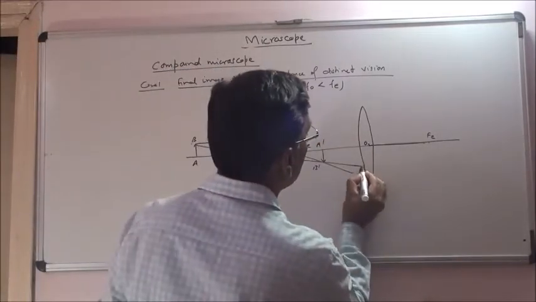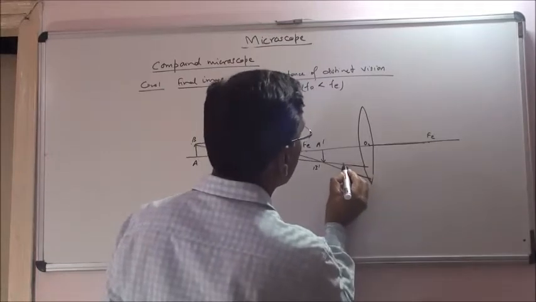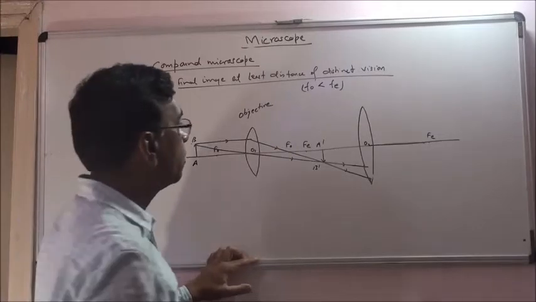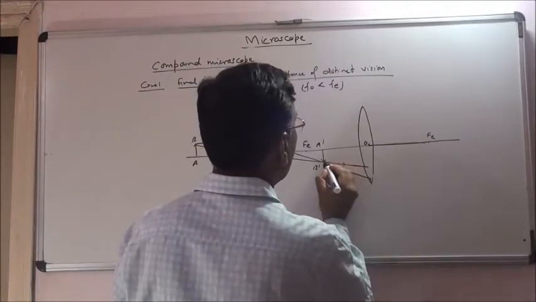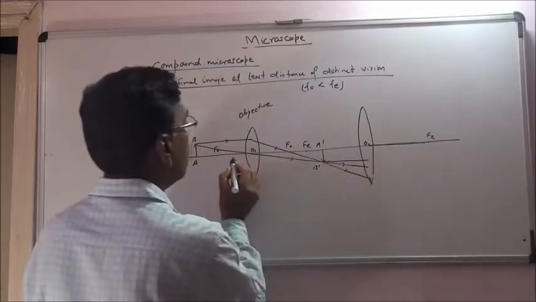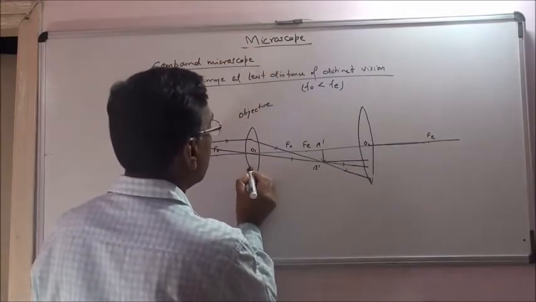Okay, now these rays, don't leave them in between. Where will the final image be formed? Parallel ray, if any, I can take one ray like this.